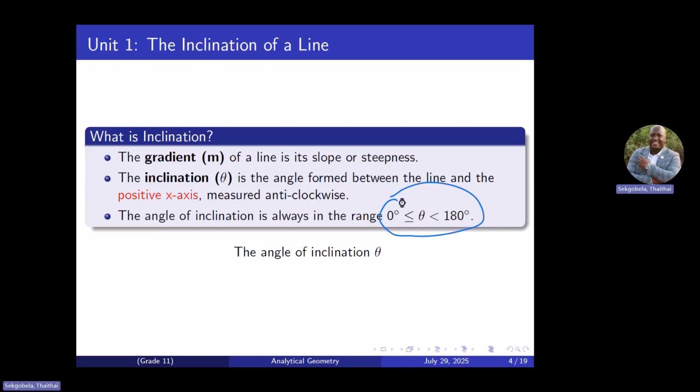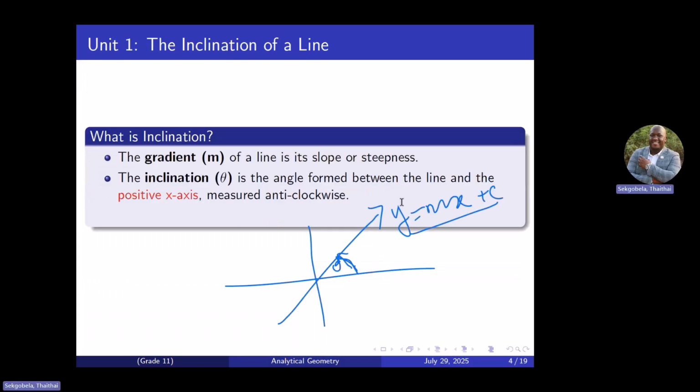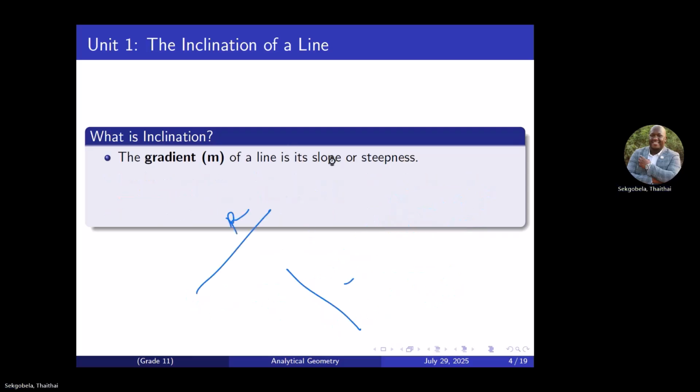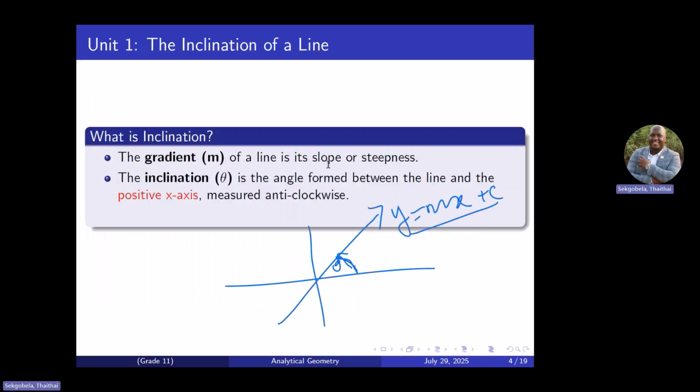Somewhere we're going to show that m, which is our gradient, equals tan theta, meaning that theta, the inclination, will be the inverse tan of m, where m is the gradient. So if we know the gradient of this line, which is given here at this point, we can find the inclination of the line.